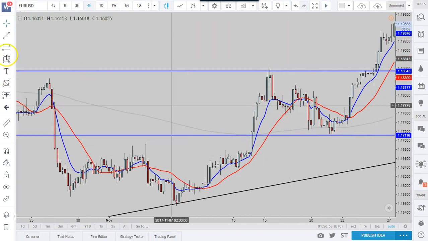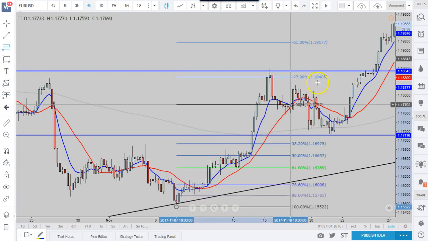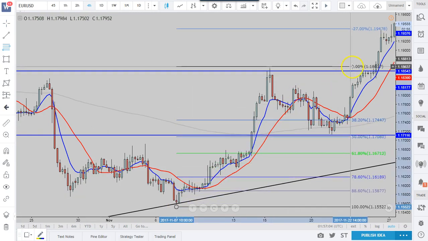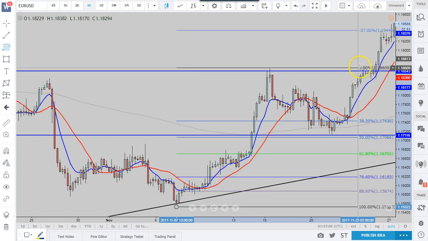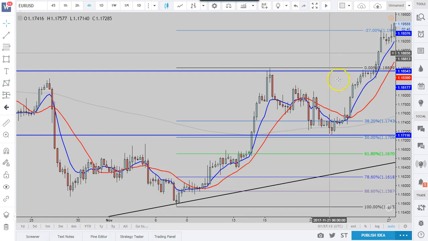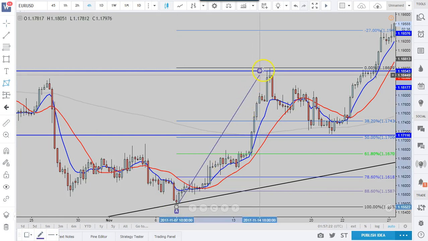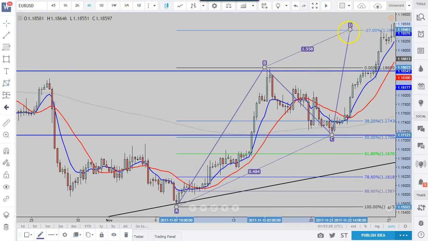Let me use something like this, the Fibonacci tool, from the swing low to the swing high, from the swing high to the swing low. You can see price came into the 382 retracement. This is the ABCD move, A, B, C, D. The target should have been here.